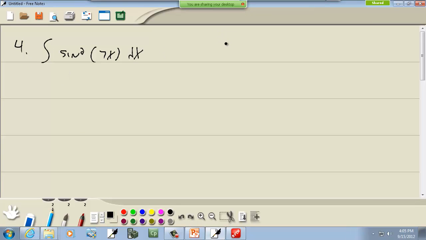But we got a formula. Recall, sine squared u is equal to 1 minus cosine 2u over 2. So this right here, fitting this pattern, this would be u.